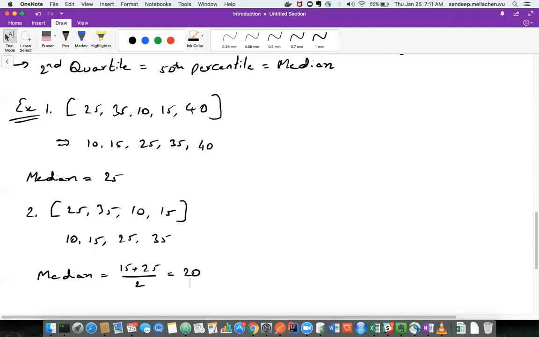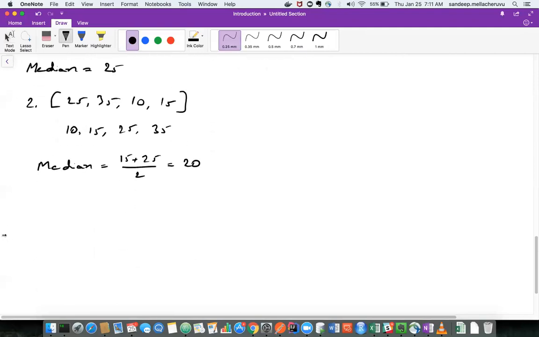Yes, Sandeep. Okay. And the final one is the mode. And what is a mode? Mode is nothing but the frequently occurring item. Whichever is the frequently occurring item, that is the mode.